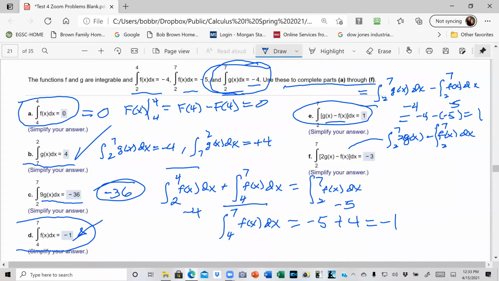So 2 times that is going to be minus 8. And then the integral of f of x dx from 2 to 7 is minus 5. And so we get minus 8 plus 5 equal minus 3. So the answer is minus 3 for this last one.